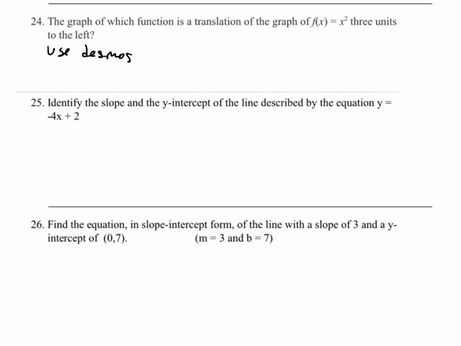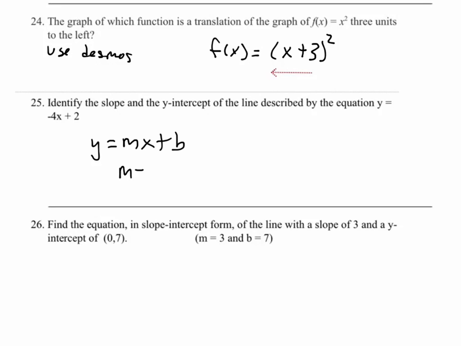3 units to the left would be x left. Three units that way. Y equals mx plus b. M equals slope. B equals y-intercept. Same here.